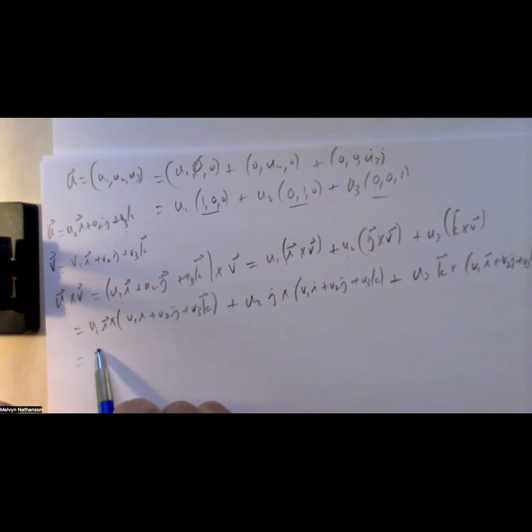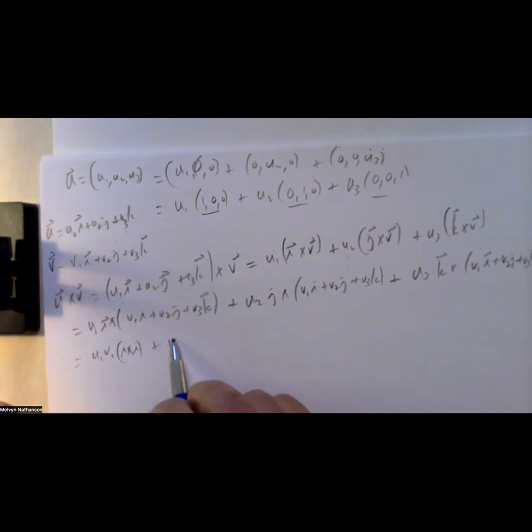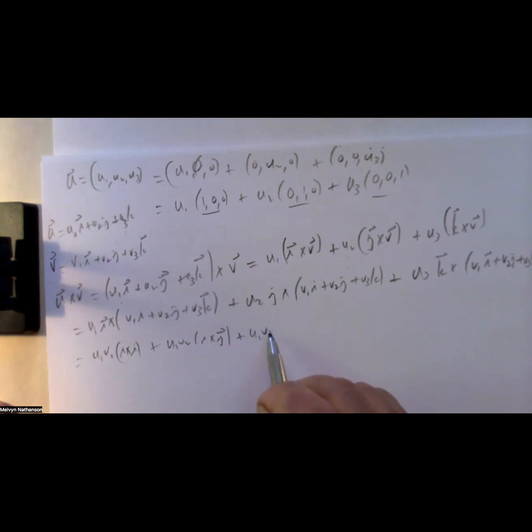So I have u1 v1 i cross i plus u1 v2 i cross j plus u1 v3 i cross k.